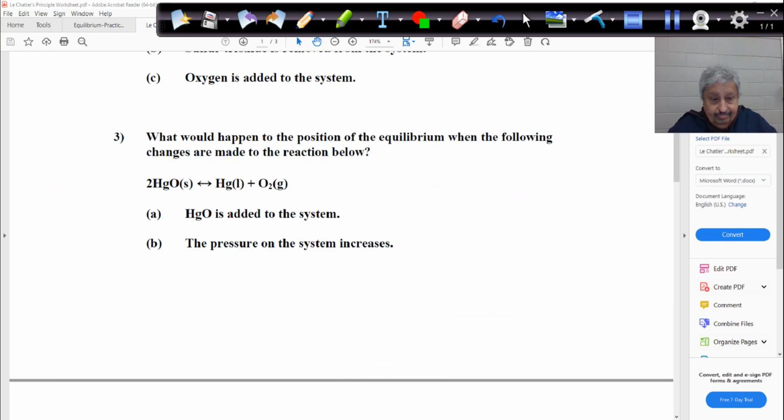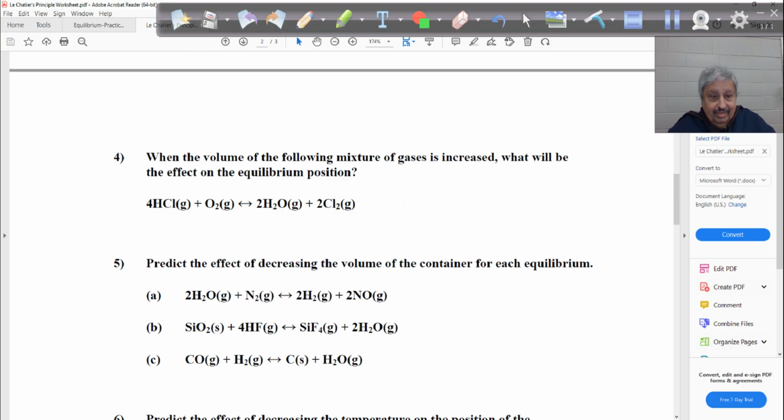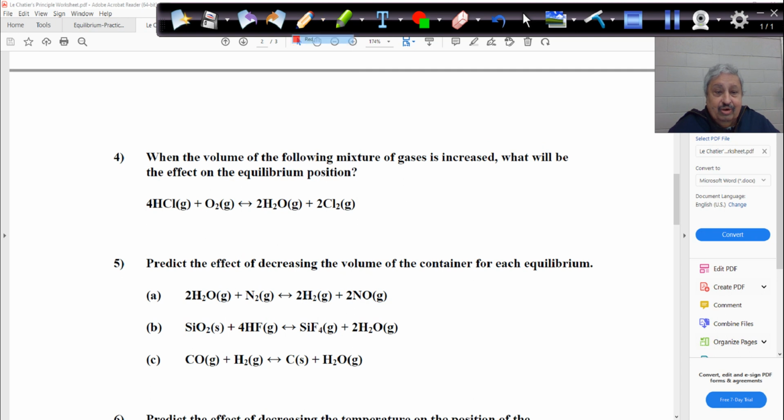So let's do this one here. When the volume of the following mixture of gases is increased, that's good because they have all of them gases. There is no liquid or solid. All of them gases, and then you can count. So here we are counting. Now the volume is up, correct? The pressure is down.